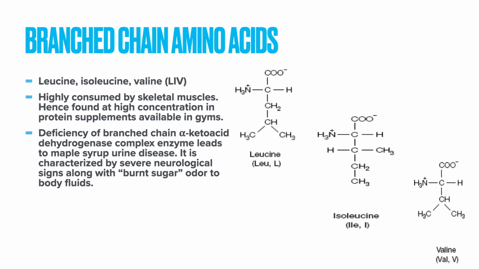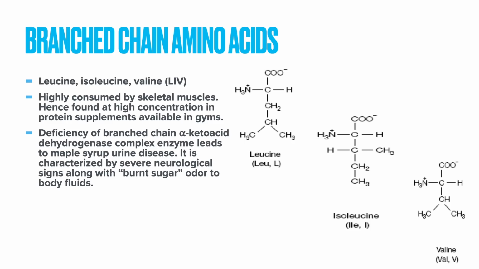Whenever there is a deficiency of this enzyme, that will give rise to a disease called maple syrup urine disease. Maple syrup urine disease has severe neurological signs, and the characteristic odor of body fluids in this disease is a burnt sugar odor or maple syrup odor. Okay, remember that. So, these are some of the points related to branched chain amino acids.